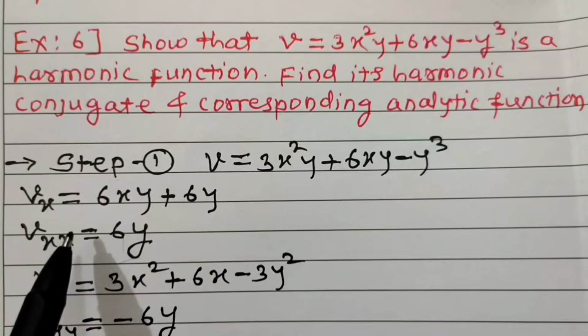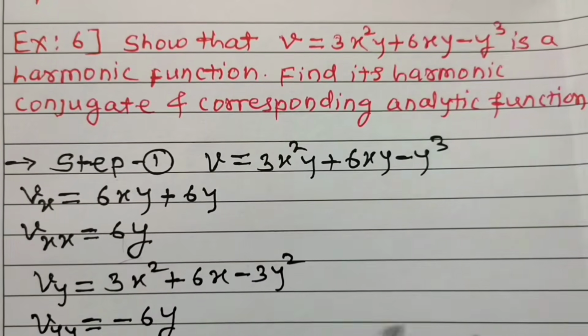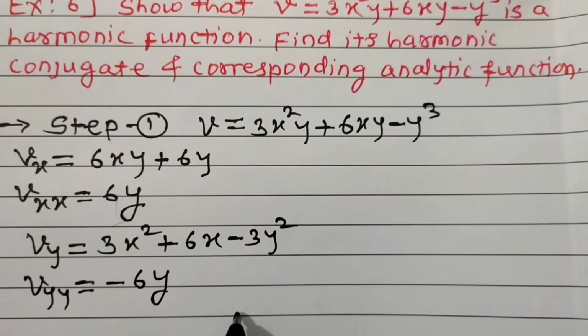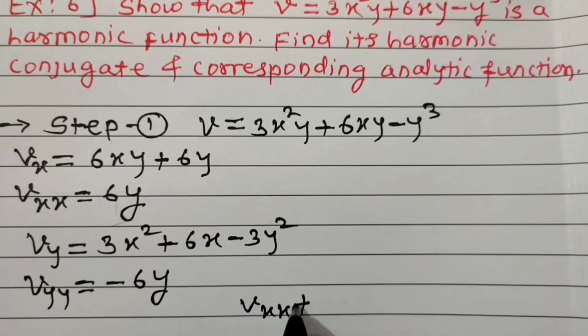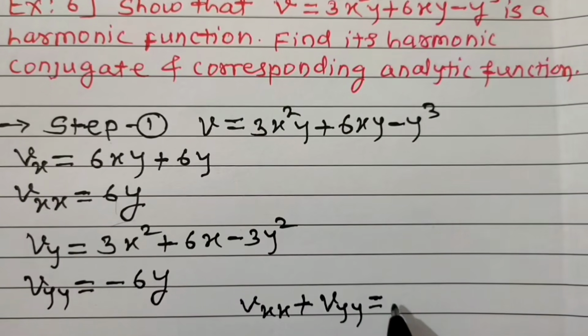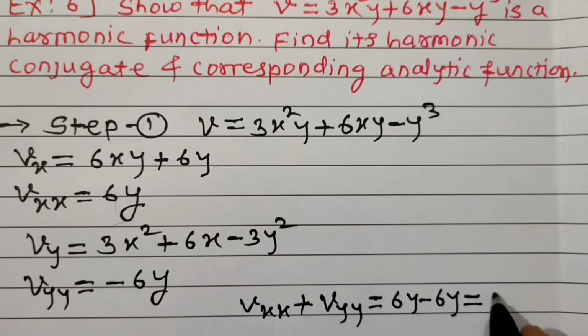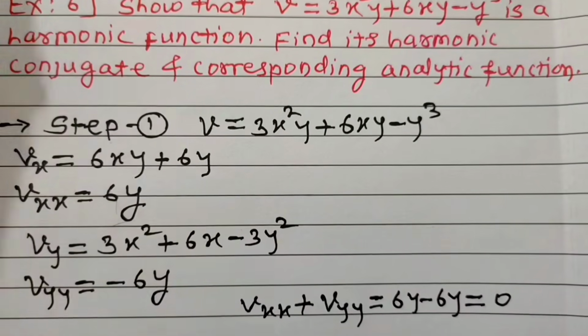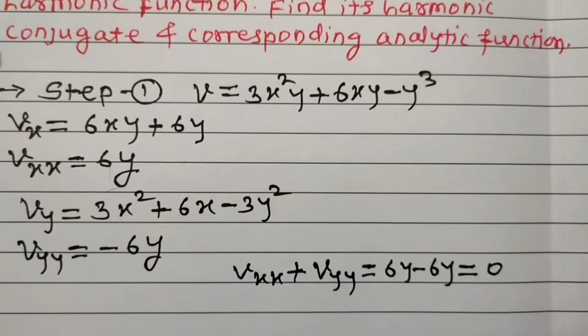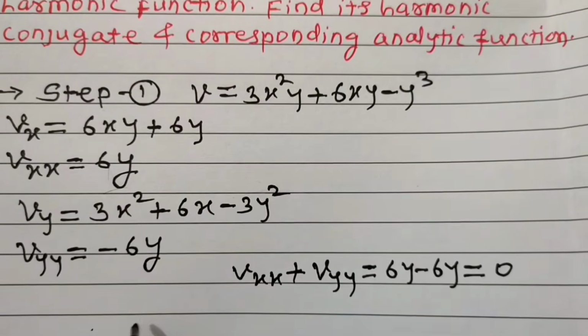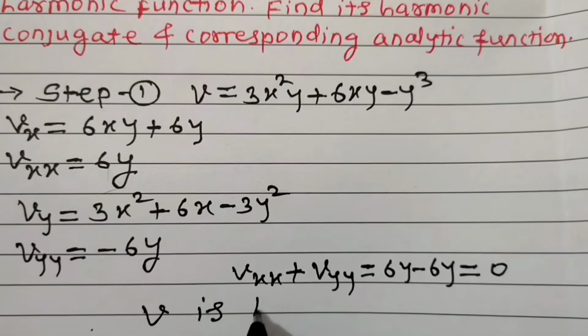Now from this and this, it is clear that vxx plus vyy is equal to 6y minus 6y, which is equal to 0. Means Laplace's equation is satisfied. Hence, this implies v is a harmonic function.